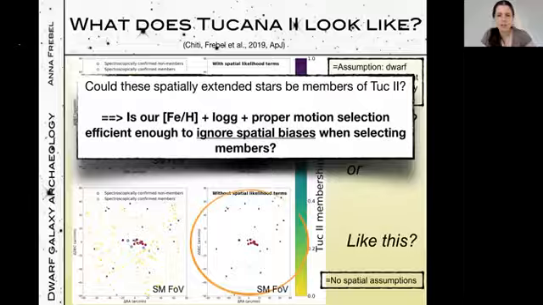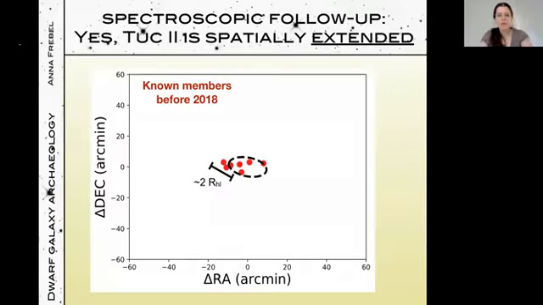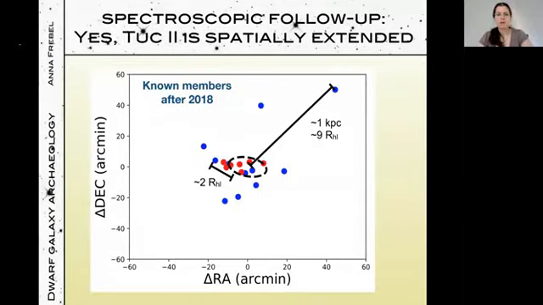I already mentioned that. And so just to highlight this, this was Tucana before 2018. This is at a scale of about 2 half-light radii, give or take. And then this work that Ani did for his PhD thesis yielded these additional members.